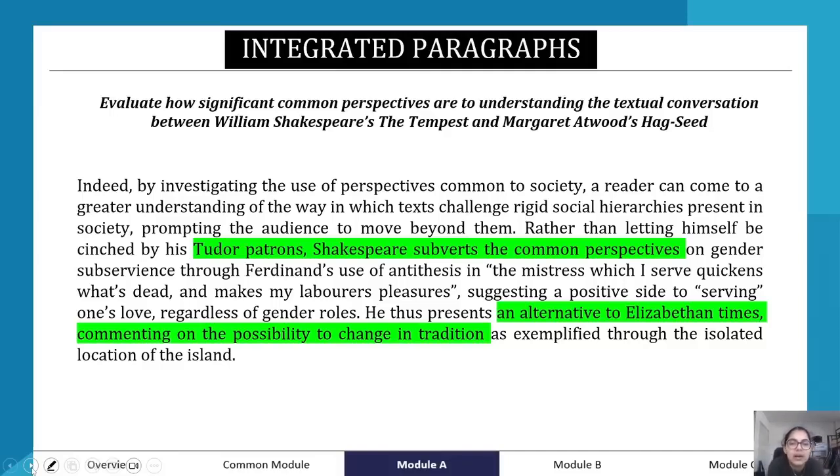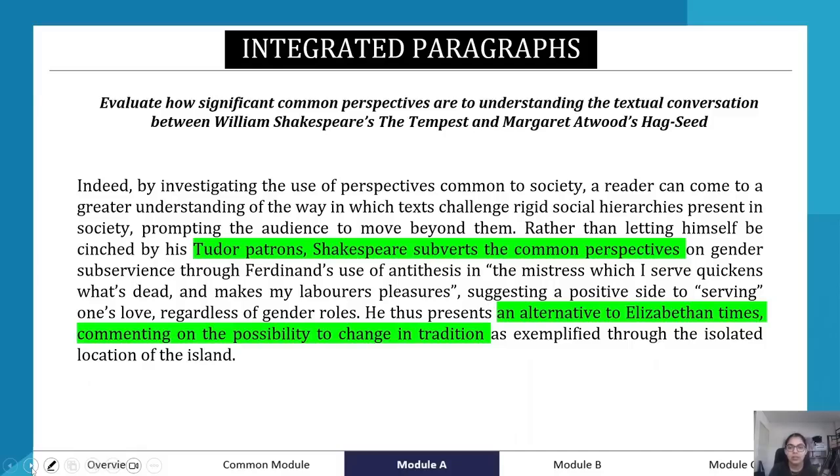Okay, so here we've got an example for you. This is an integrated paragraph from William Shakespeare's The Tempest and Margaret Atwood's Hag-Seed. "So indeed, by investigating the use of perspectives common to society, a reader can come to greater understanding of the way in which texts challenge rigid social hierarchies present in society, prompting the audience to move beyond them.